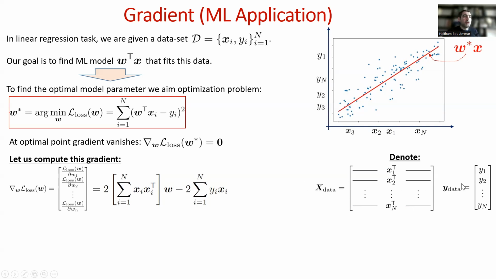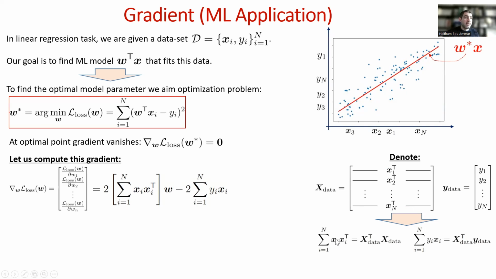So let's introduce these two objects, and then you can rewrite the sum of xi xi transpose, which you have here, conveniently as X data transpose multiplied by X data. So you take the data matrix, transpose it, and multiply it by itself, and that's nothing but the sum of the xi xi transpose here.